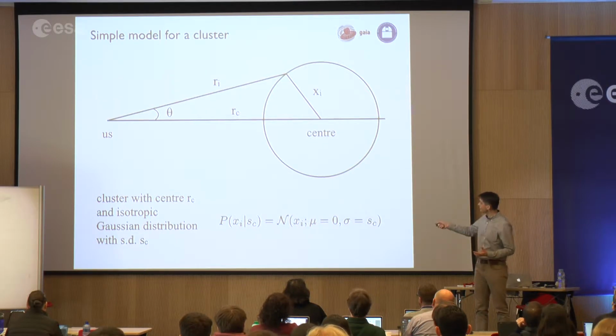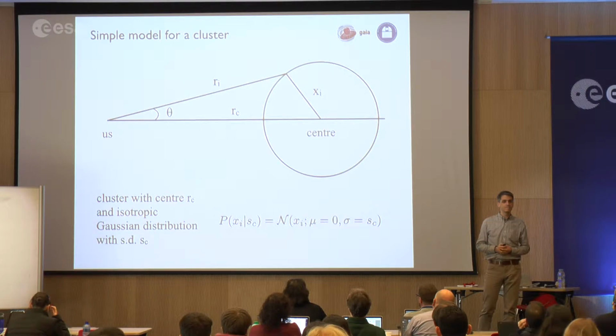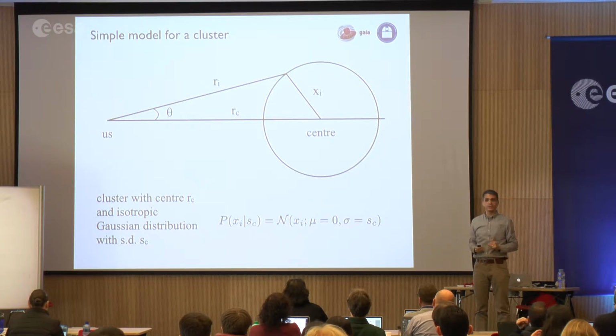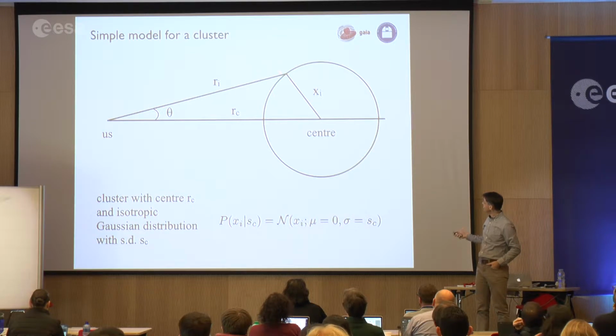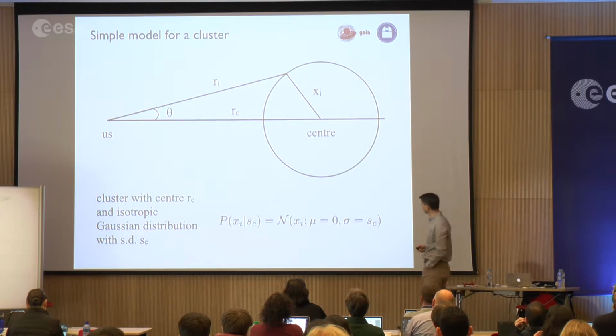And the distance of us to the center of the cluster is the second parameter, r subscript c. So I have two parameters, r subscript c and s subscript c, which are the distance and the size of the cluster, which I want to solve for. And the data I have are 169 parallaxes to stars assumed to have been drawn from this distribution. That's what I want to infer.